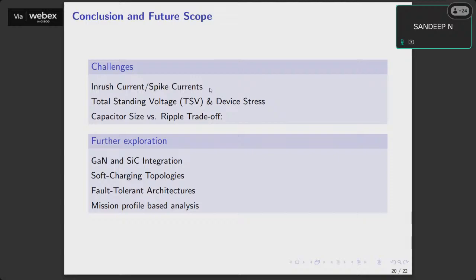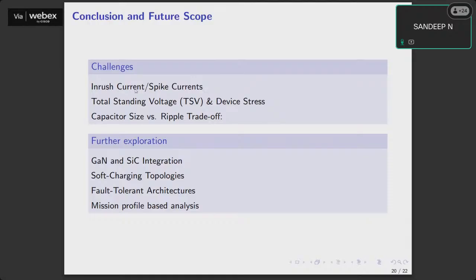So recently there is a movement towards the resonant based concepts where the LC is designed, the switched capacitor and the inductor is designed such that a resonance happens. And then we can also have ZVS or ZCS happening in our inverter. So that is where the movement is happening, right? So how to tackle this inrush current?